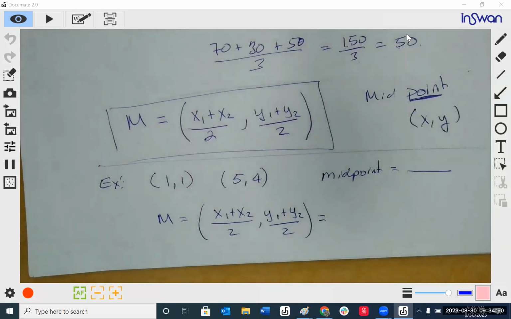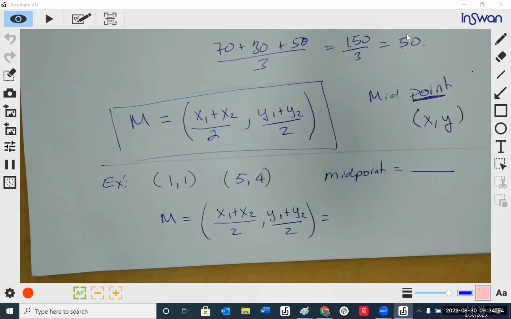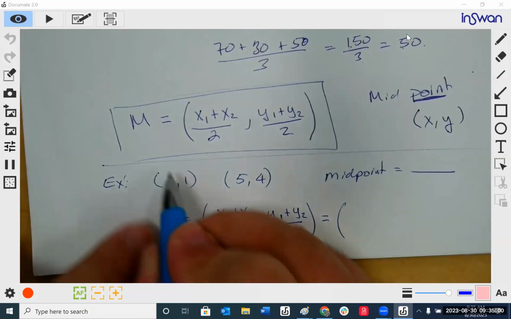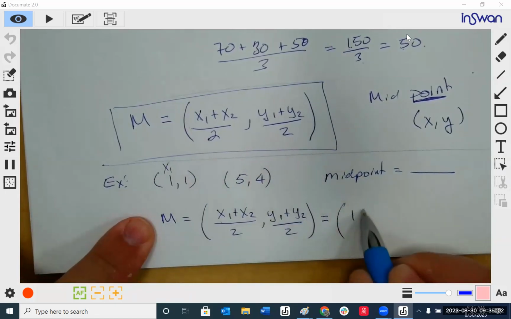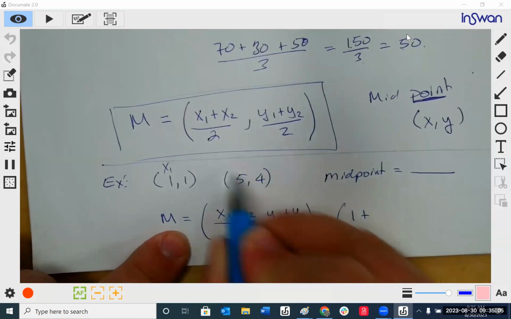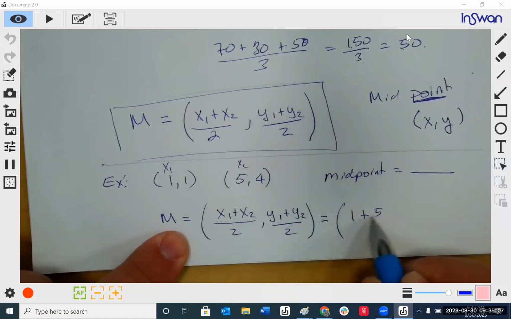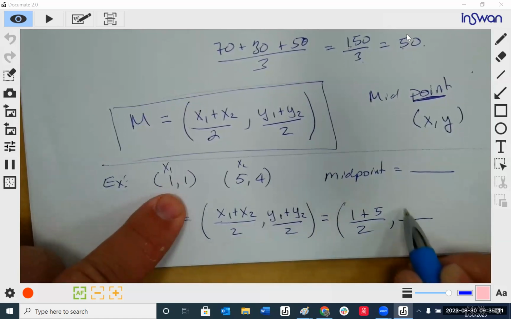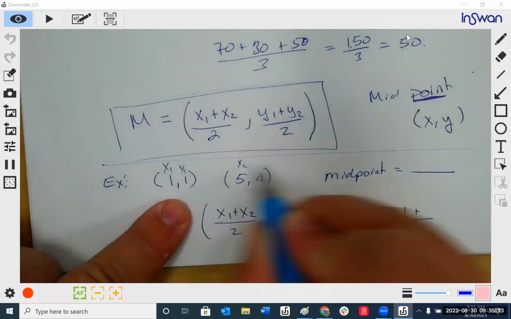But I'm glad you said that. It's always gonna be a 0.5, because you divide by two. So you can put it in a decimal if you want in this case. So what is x1? Yeah, x1 is 1. What's x2? Divided by 2. What is y1? And y2?